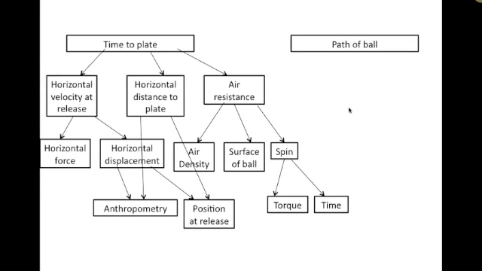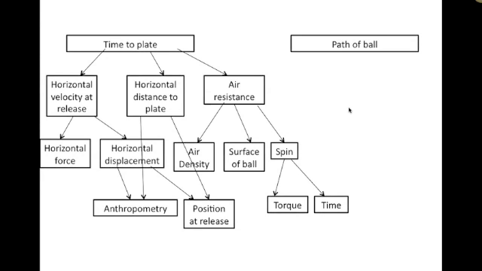The horizontal velocity of the ball at release is determined by the average horizontal force exerted on the ball during the pitching motion and the horizontal displacement of the ball while the force is exerted on it. The faster the pitch, the greater the average horizontal force acting on the ball and the horizontal displacement of the ball during the pitching motion.